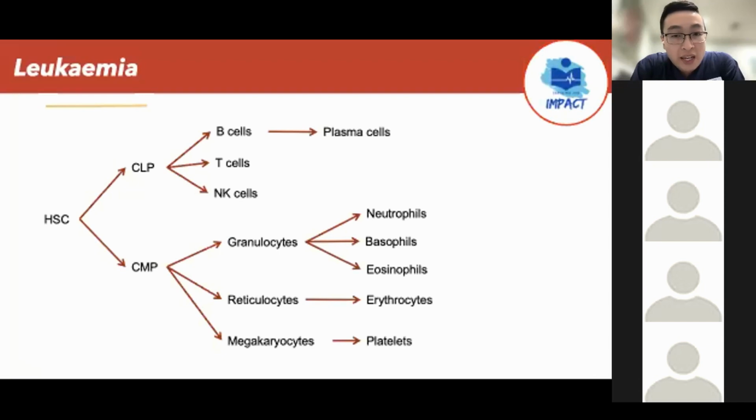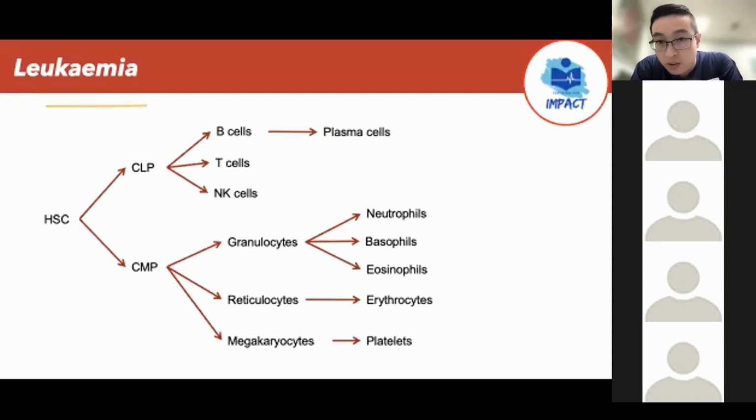But the fact that the leukemia is dividing very rapidly also makes it more susceptible to chemotherapy. So I think 2 principles that you need to bear in mind as we walk through the different types of leukemias. The earlier on the cancer arises, the more acute the presentation, but the more responsive the cancer is to chemotherapy.